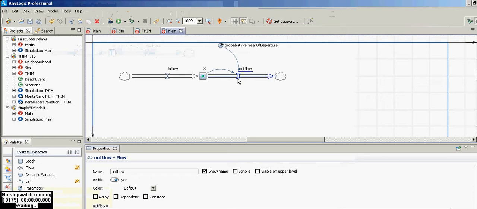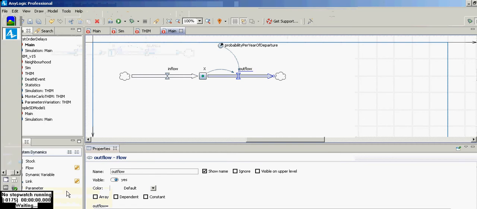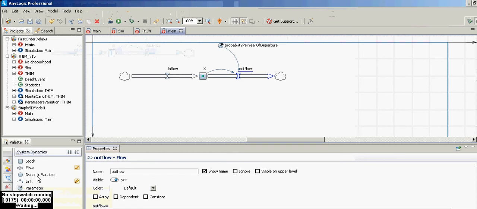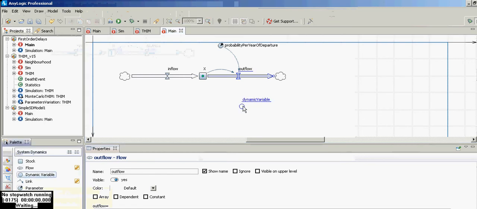I can do this in several different ways. I'm going to define a value that's called mean time in stock. Commonly we call it mean residence time, but I'll be a little bit pedantic about it to make it clear in this case. Mean time in stock.